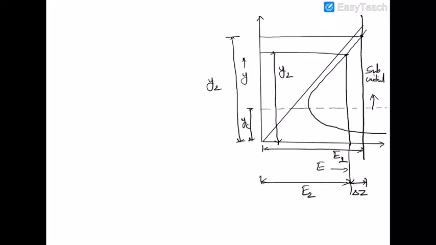So from the specific energy curve we can say that by providing a hump in the channel, the depth of flow decreased.